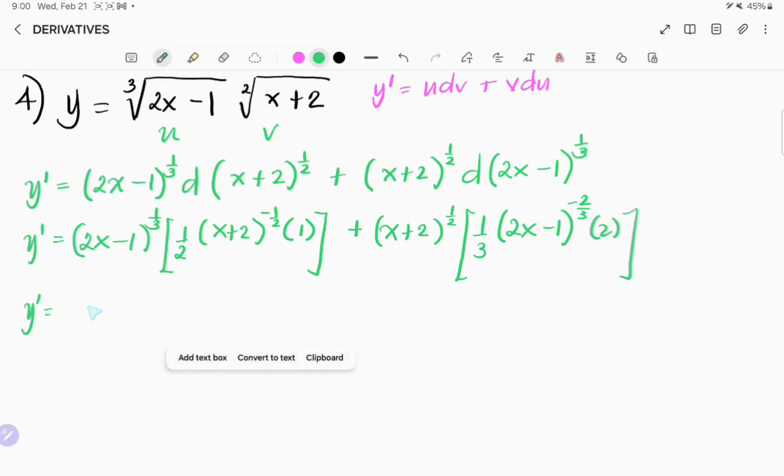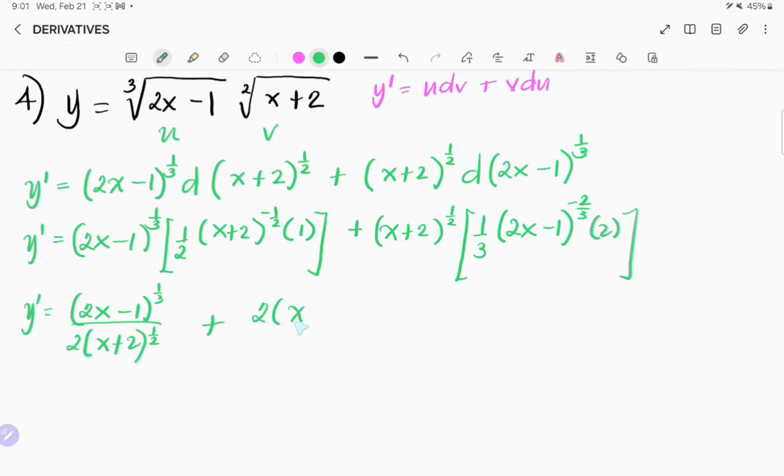So we have 2x minus 1 raised to 1/3 over 2 times x plus 2 raised to positive 1 half plus, in the second term, we have to put this 2x minus 1 raised to negative 2/3 in the denominator, so it would have a positive exponent. And this 3 also is in the denominator, but 2 and this whole quantity raised to 1 half must be written in the numerator because the exponent is positive. So we have 2 times x plus 2 raised to 1 half, while the denominator is 3 times 2x minus 1 raised to 2/3.